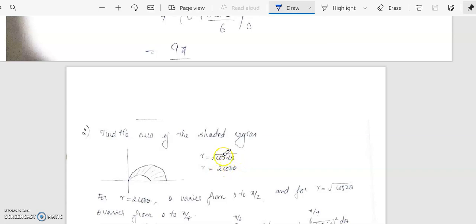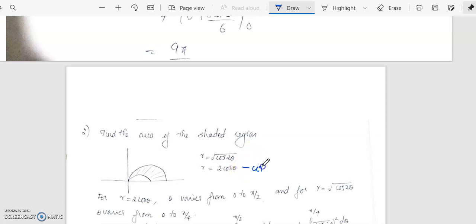Okay, so first identify which curve is which, and find out in this region where the angle varies from and to. Okay. So when you take r equal to 2 cos theta, that is a circle which is centered at the x-axis.